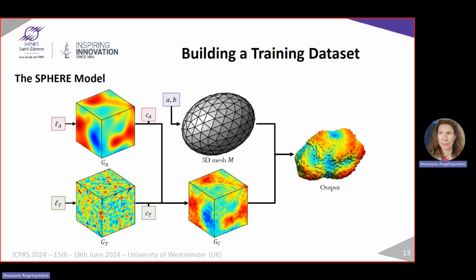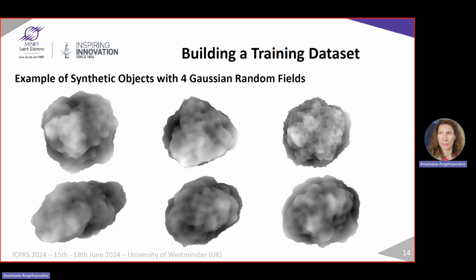With those random fields, at every point in space we have a value, and this value allows us to move every vertex of the mesh of the ellipsoid. With some random fields, we control the overall shape, the general shape of the object, and with some other random fields, we control the fine details of the shape, to give it some texture, some angularity.